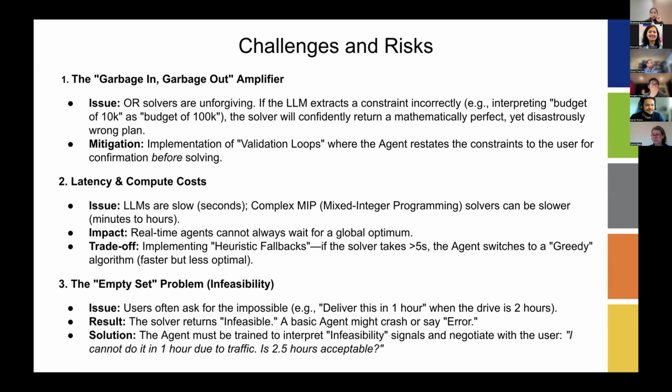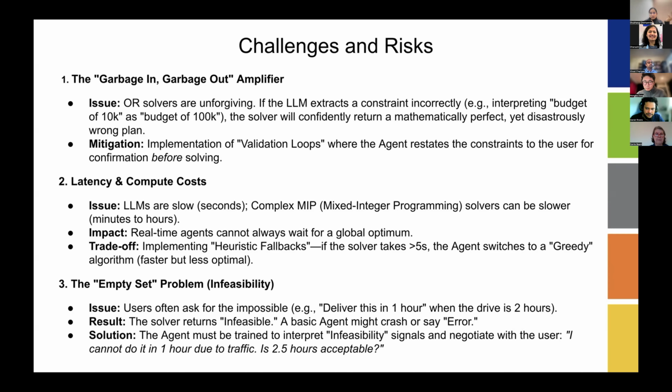And the third thing is the empty set problem, where infeasibilities arise. Users can ask for the impossible, for example, deliver this in 1 hour when the drive is 2 hours. So what should we do? If we let the solver take its course and come back with infeasible, the agent can crash. So what is the solution? The agent must be trained to interpret infeasibility signals and negotiate with the user.